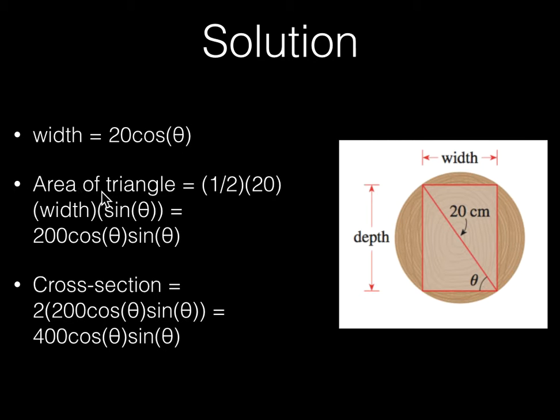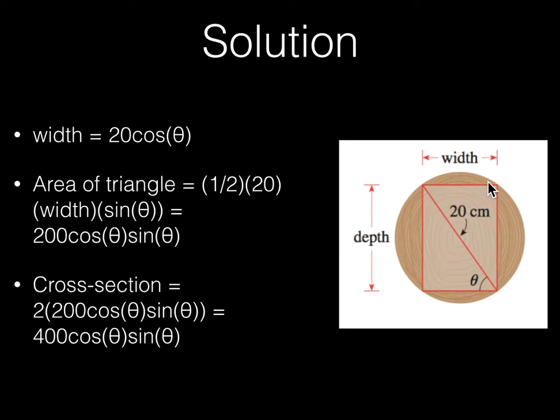The area of the triangle, then, if you're calculating one area of the triangle here, it's going to be 1/2 times 20, since we're plugging that into the triangle area equation we had before, and you want this side and this side, so you're going to have 20 times the width times sine theta, since that's the included angle right there. So that's 1/2 times 20 times 20 cosine theta times sine theta, and that comes out to 200 cosine theta sine theta.